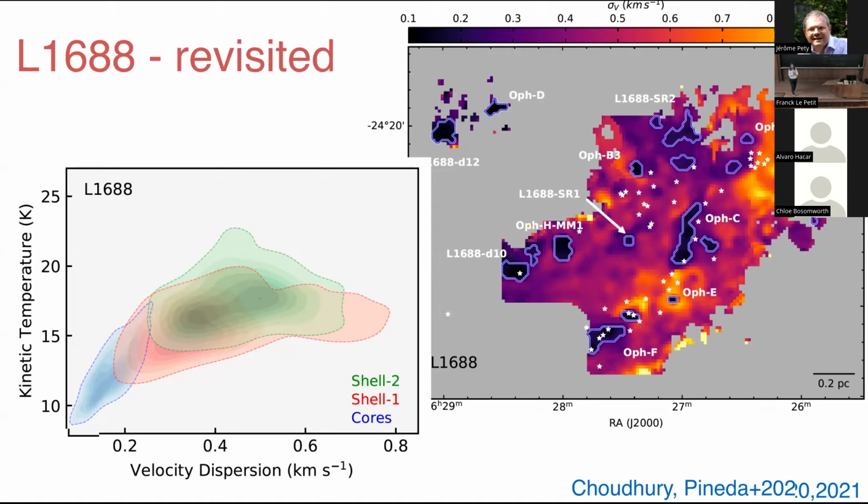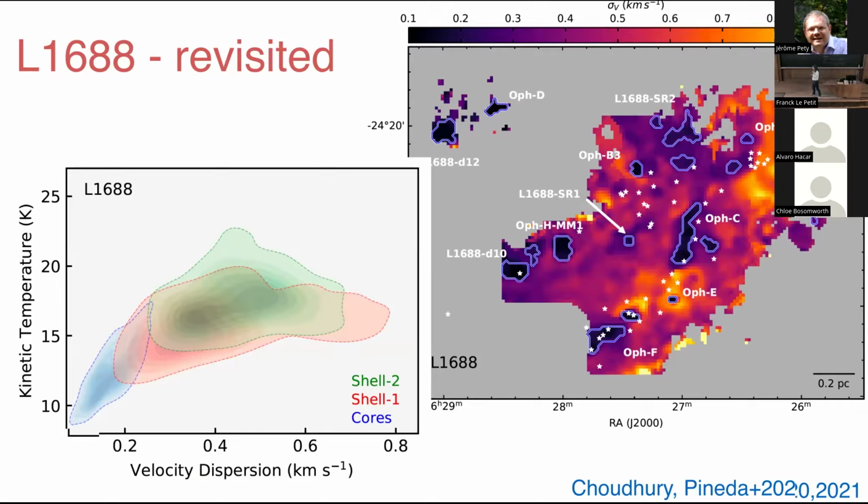We tried different techniques for exploring lower signal to noise, and we ended up just going back to basics and smoothing the map to 1 arcminute. So that's twice the resolution that we usually had, half an arcminute. And you can see now that we can get velocity dispersion across the whole region, and we can also get temperatures across almost the whole region.